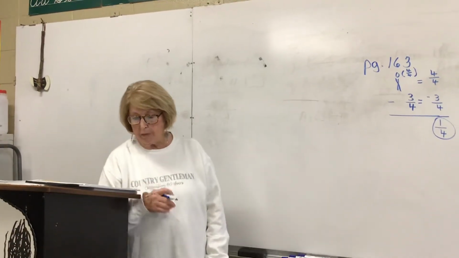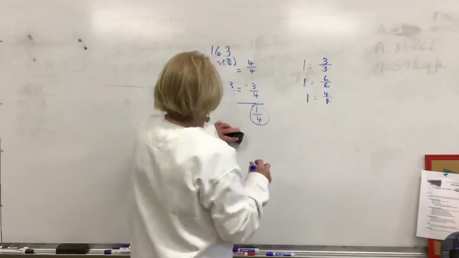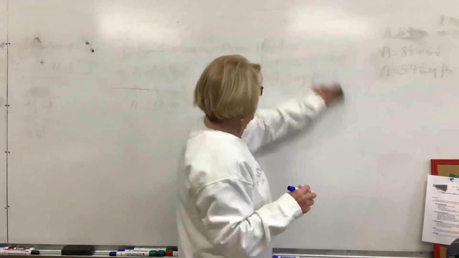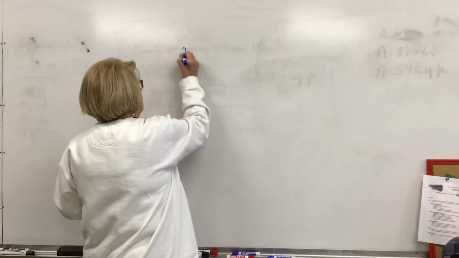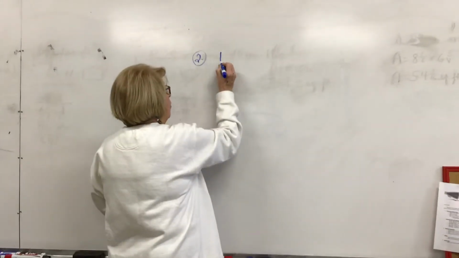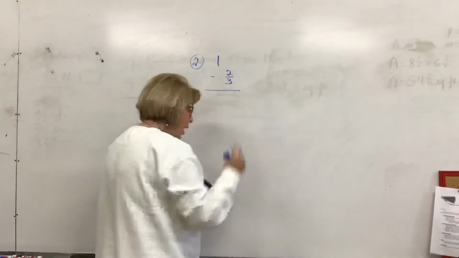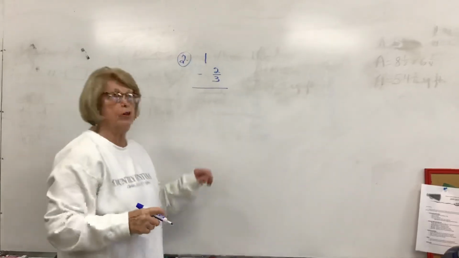The first problem says 1 minus 2/3. So I'm going to erase that. And we're going to go to number 2. And it says 1 minus 2/3. Now remember, if I have 1 whole, I certainly can take 2/3 away.